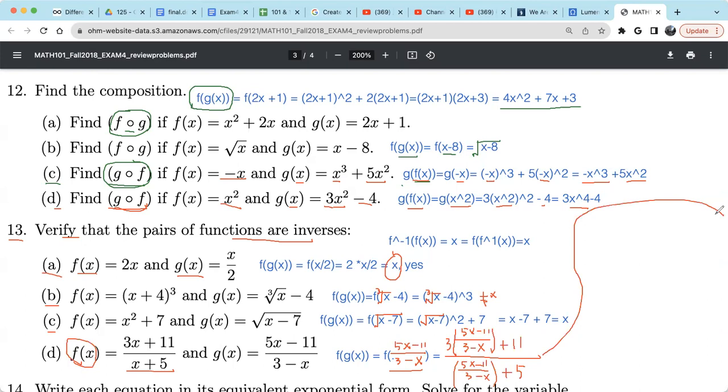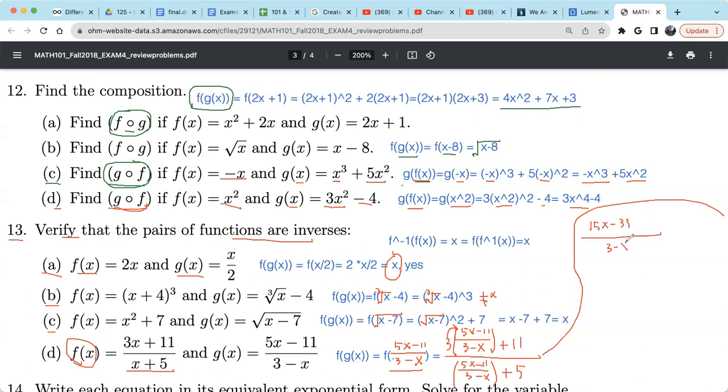All right, let's calculate the numerator first. So 3 multiplied to the numerator, I get 15x minus 3 times 11, that's minus 33. Then my denominator is 3 minus x.